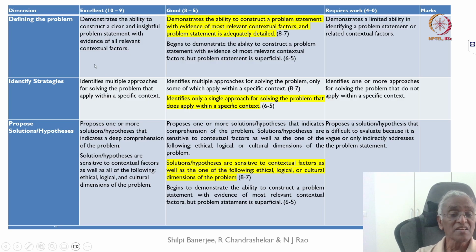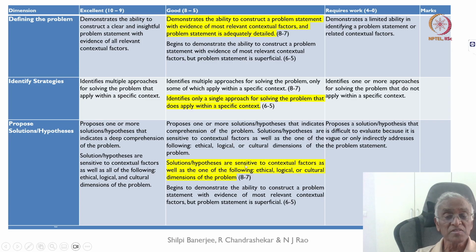So a similar thing is to be followed for the other dimension, propose solutions or hypotheses. So which are the solutions that you are proposing? Whether they are sensitive to contextual factors or not, that you decide. And here it is highlighted. The evaluation is given like this.